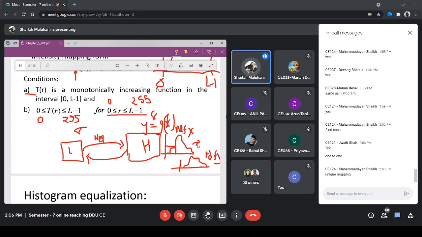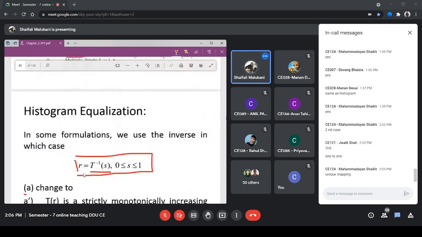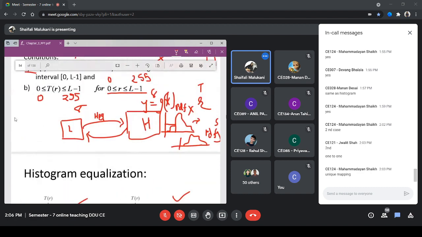So how are these two related? By some function, like how R obtains S. They are related with T. If this type of case is there, then what is the case? PDF of Y is equal to what?